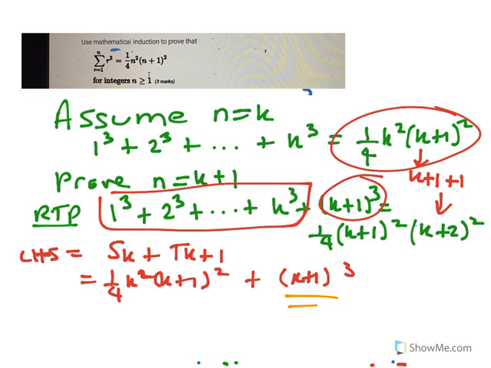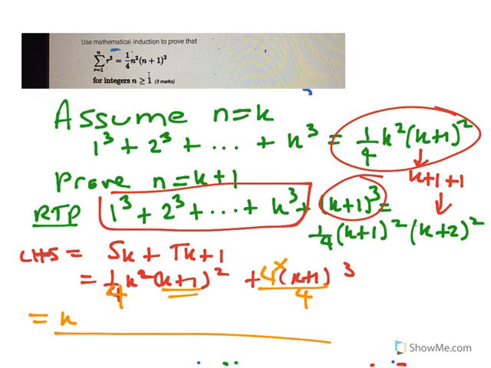Now you just look for a common factor. But before you can do that, you need to find a common denominator, which would be 4. This one has a denominator of 4, so you times the top by 4. So the common denominator is 4.